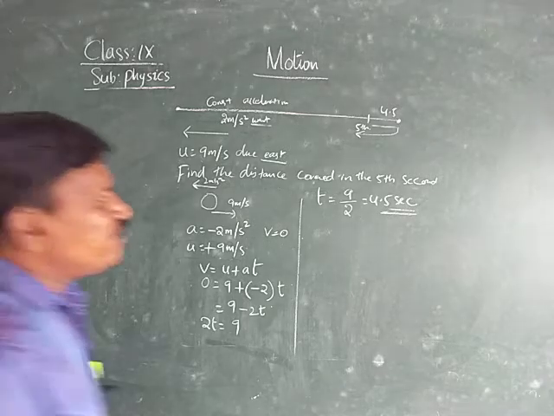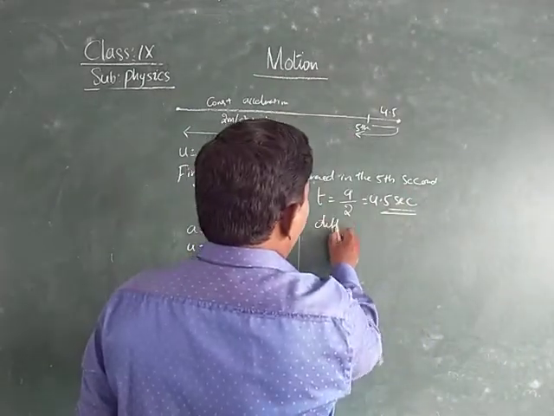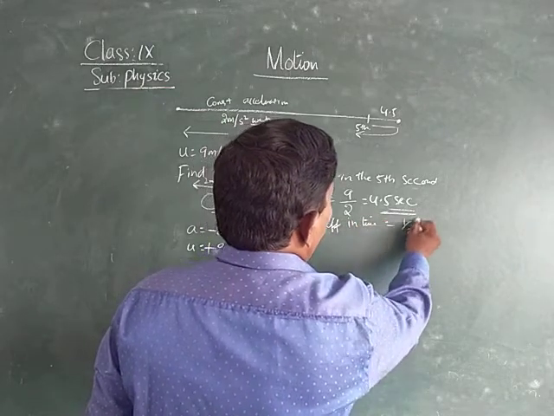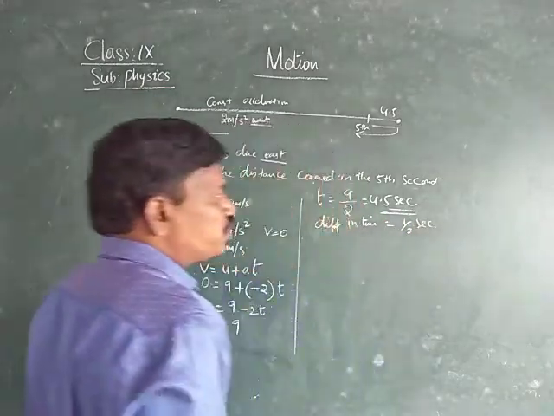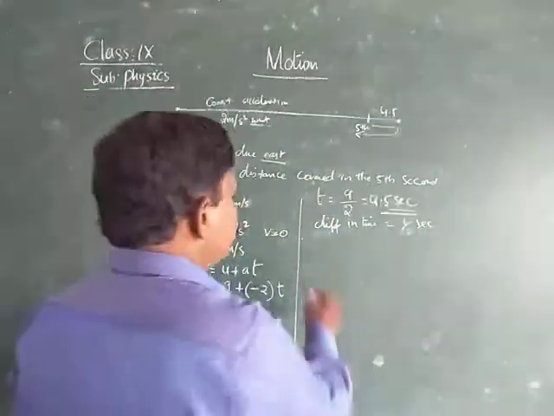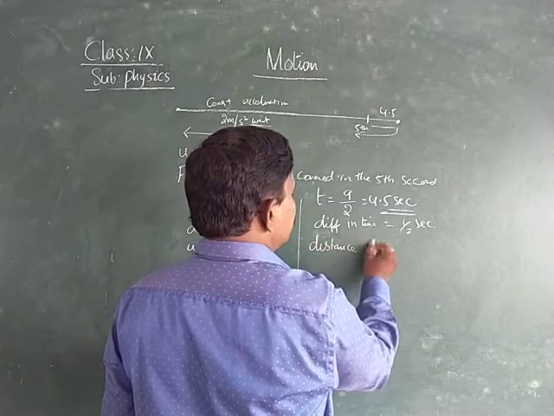Therefore, what is the difference between this 5th second and 4.5 seconds? Difference in time is equal to half second. Therefore, we should find out how much distance is traveled in the half second.